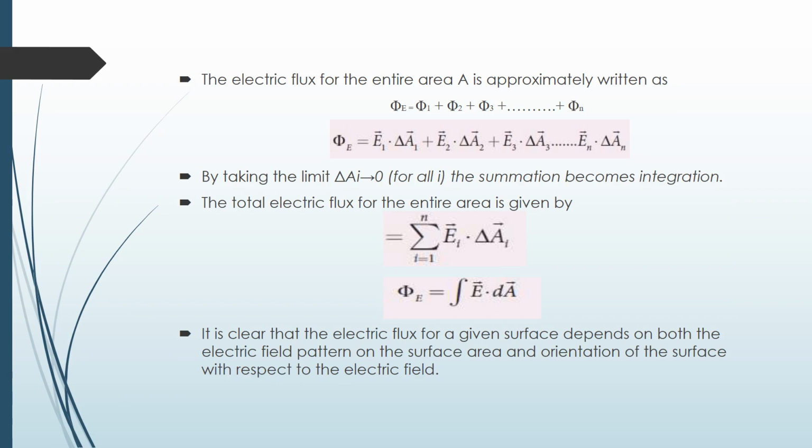In the second equation, each electric flux is represented by the electric field dot product with the area vector A. In the third equation, you can sum all the electric fluxes from i equal to 1 up to n, and if you apply the limit, you can replace the summation sign with integration, and the total electric flux for the entire surface would be equal to the integral of E dot dA.